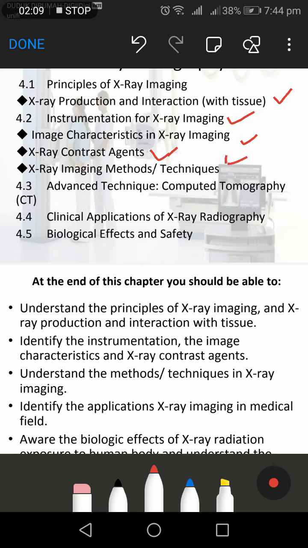Now we will also look into the advanced technique, which is computed tomography. Alright, and we will see the clinical applications of X-ray radiography before we study the biological effects and safety of X-ray on human beings.